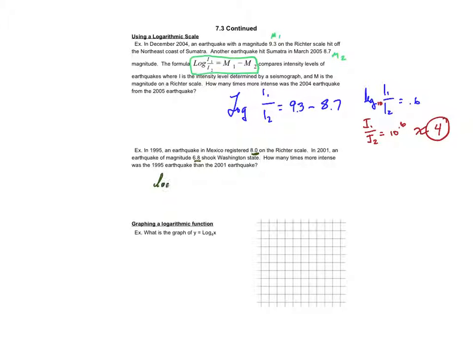Well, if we have the log of intensity 1 over intensity 2 is equal to magnitude 1 minus magnitude 2, so the log base 10 of intensity 1 over intensity 2 is going to be equal to 1.2, and then the intensity 1 over intensity 2 is going to be equal to 10 raised to the 1.2, which is approximately 16 times.